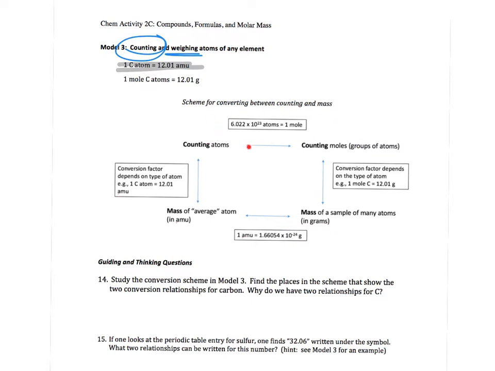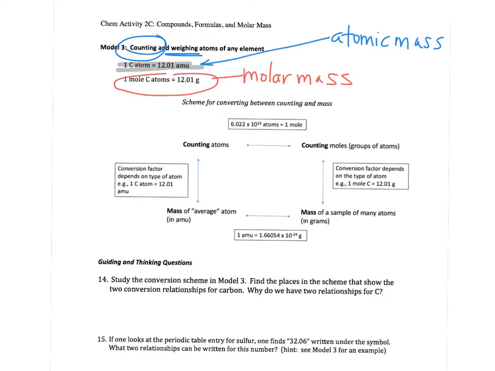We've been using this relationship. If we want to go from counting atoms to the mass of an average atom, we can do that using the average atomic mass. If we want to go from counting moles to the mass of a sample in grams, we can use this, what's called the molar mass.